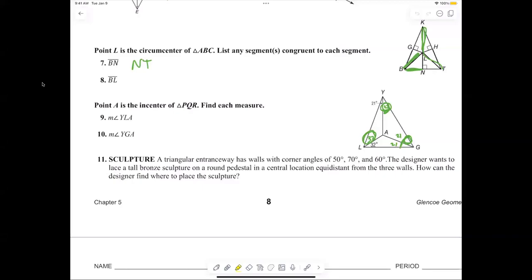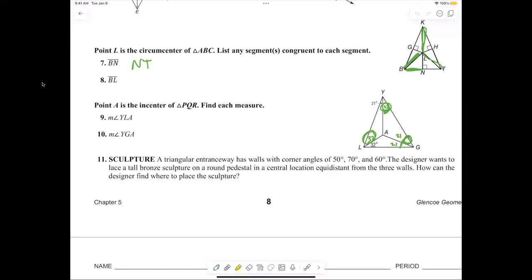All right. So yesterday, again, circumcenter. The circumcenter is the three perpendicular bisectors. The three perpendicular bisectors do not have to go through the vertices. That is called the circumcenter. The circumcenter is equidistant from the vertices.